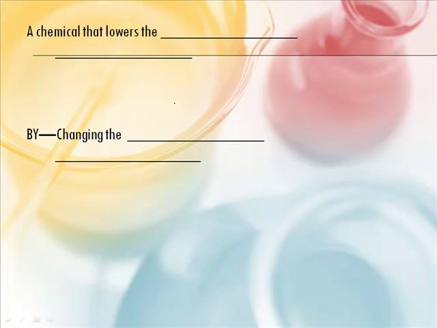It's also a chemical that lowers the activation energy. So a couple things we need to talk about in terms of catalysts. The way a catalyst works, basically, is it speeds up a reaction by lowering the activation energy, but the way it does it is by changing the reaction mechanism.